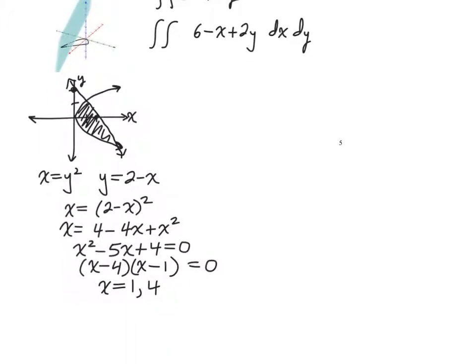So let me do that. y would be 1, and then 2, negative 2. And for x equals 4, y is negative 2. Thank you.